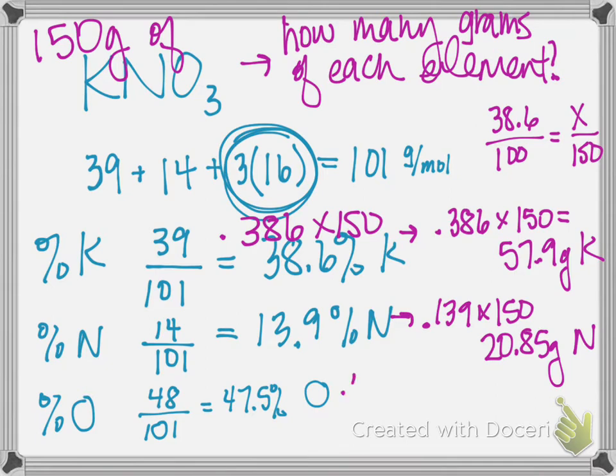And then I'll take 0.475 times 150, and that'll tell us how many grams of oxygen we have. 71.25 grams of O. Okay, all we're doing is once we know that this compound is made up of 47% oxygen, we're just saying, okay, well then what's 47% of my sample? Right, that's it. Questions about that process?